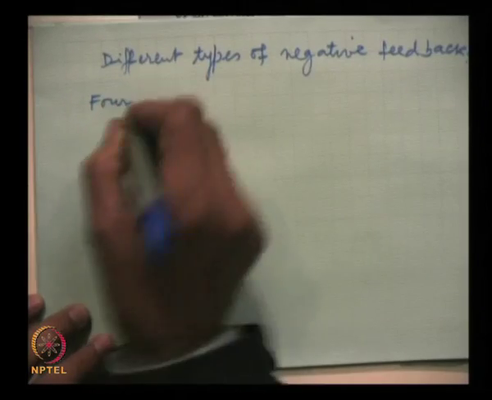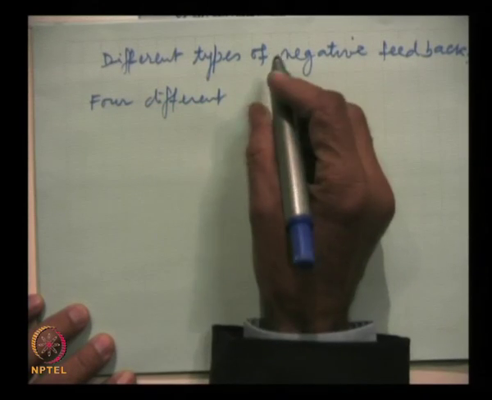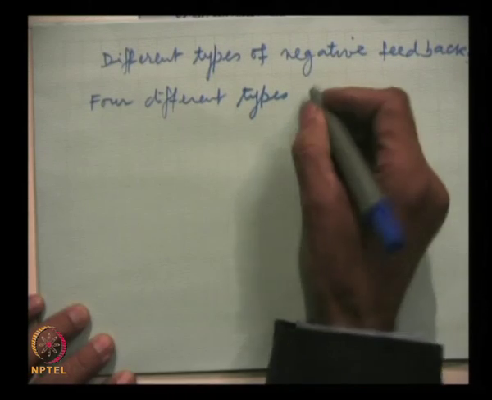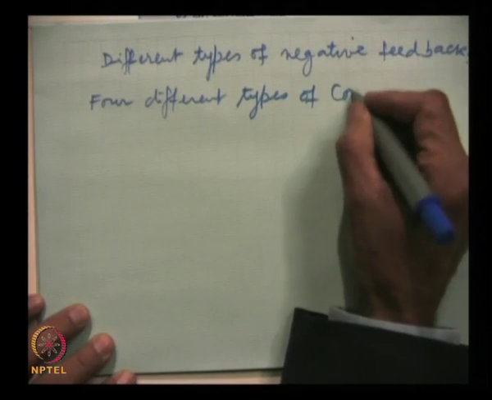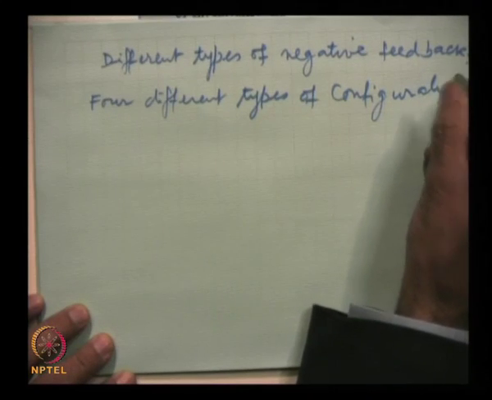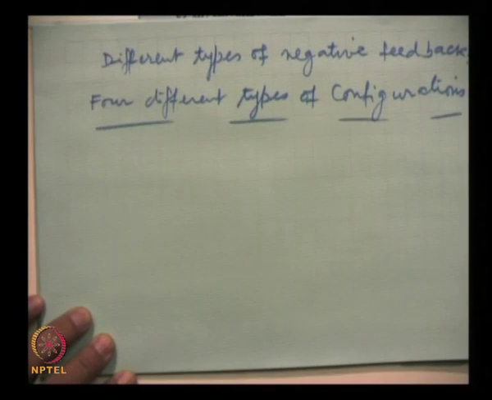So, there are 4 possible negative feedback amplifier configurations. Four different types.